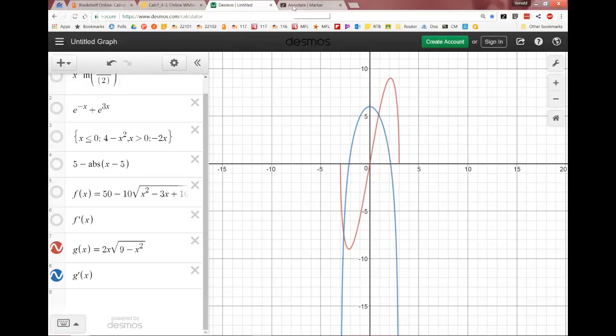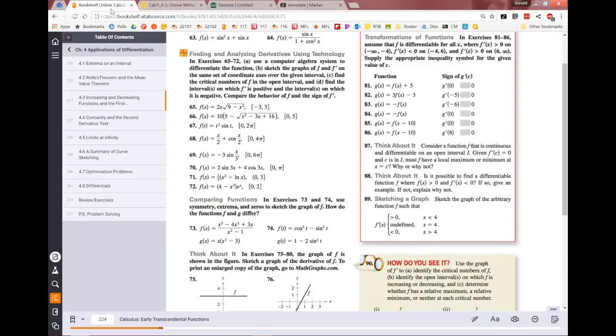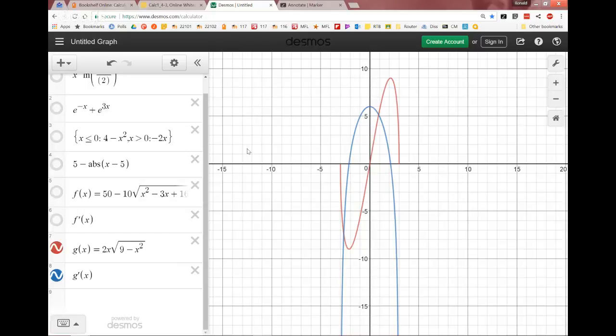So one more time, what were they asking us to do? We've drawn the sketches of both graphs on the same set of axes. We've done that. Find the critical numbers of f in the open interval. So what are the critical numbers of the function? Remember, the function's in red. Critical numbers are anytime the derivative equals 0.